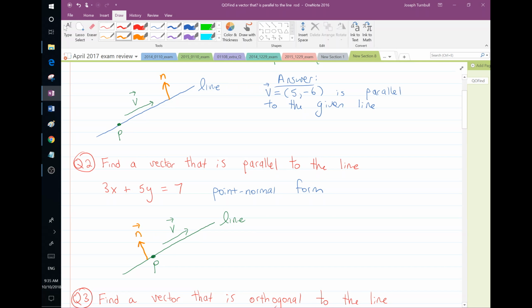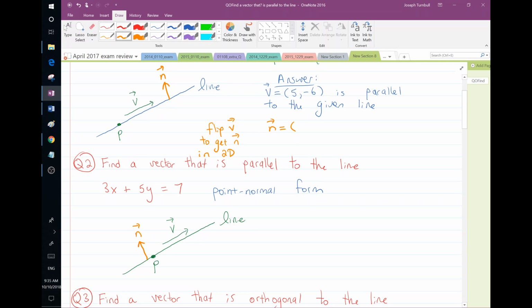Just a vector that's perpendicular, or 90 degrees, to the line. And we can define that vector for the first question using the flip trick.